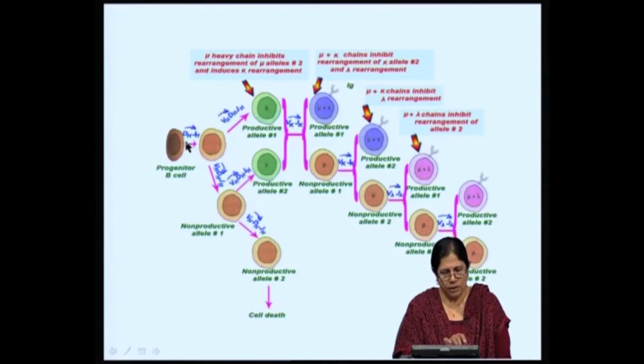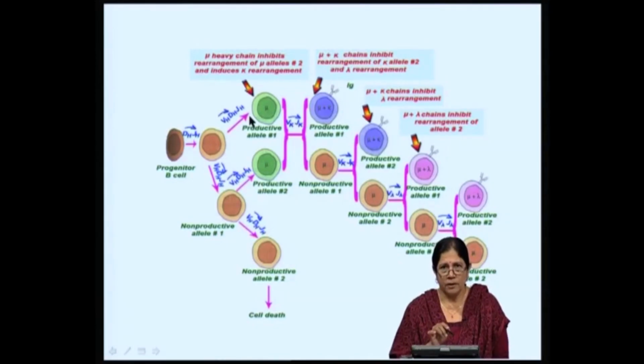At the variable region of the heavy chain gene, recombination takes place first between any one of the D with any one of the J. Remember, this is important: any one of D, J, then recruiting any one of the V. Now, if the recombination is successful and gives a productive allele 1, then the products of this allele inhibit the recombination which can happen in the second allele. So, there is regulation over here.